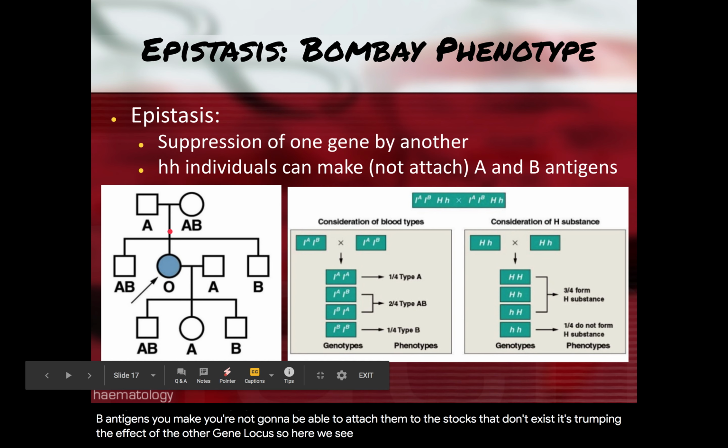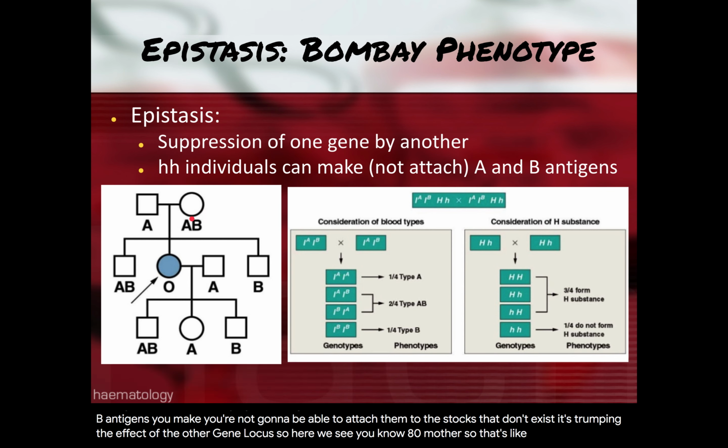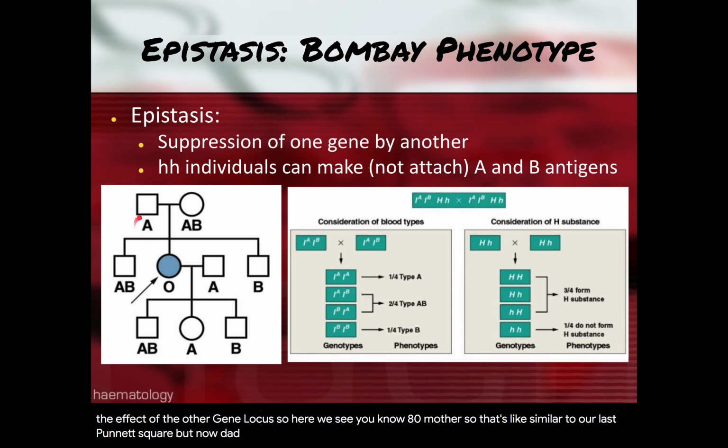So here we see an AB mother, so that's similar to our last Punnett square, but now dad is A only, so he's got one O allele. But non-maternity is not really a thing, so it's not like baby switched at birth, maybe.